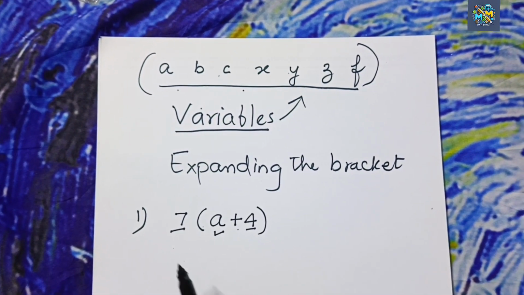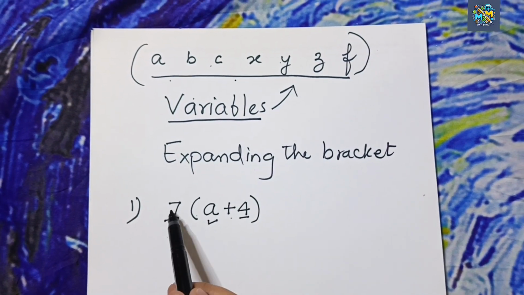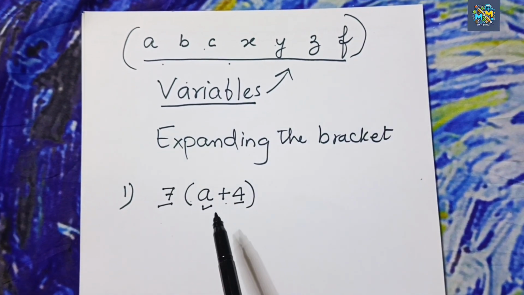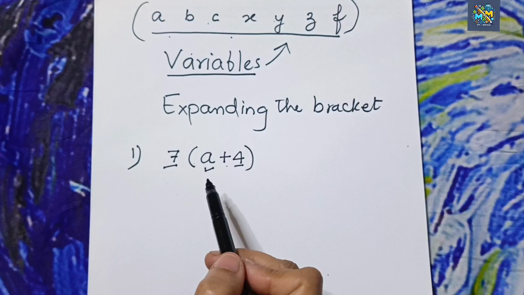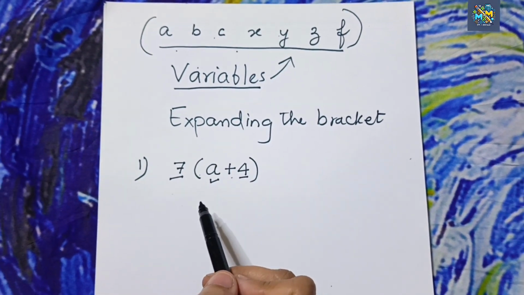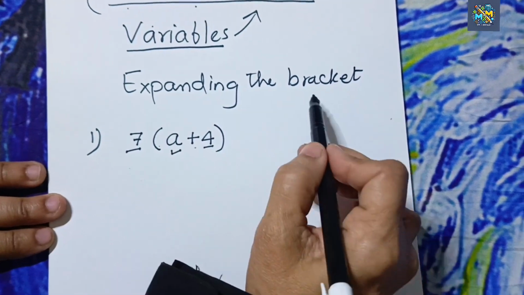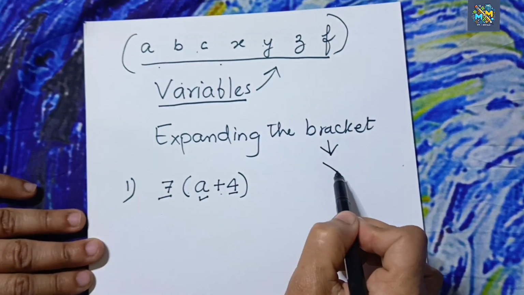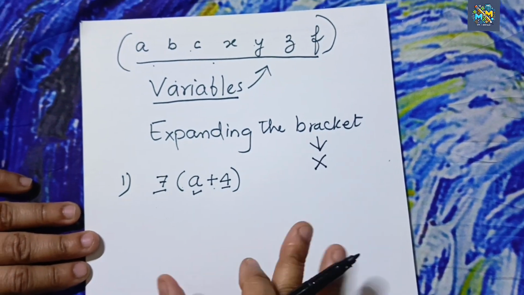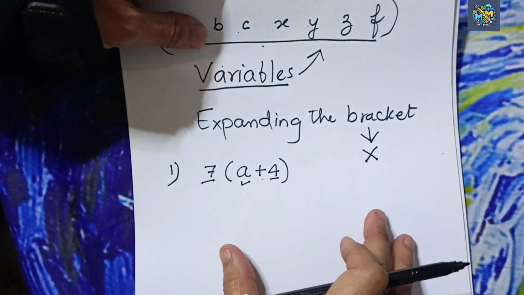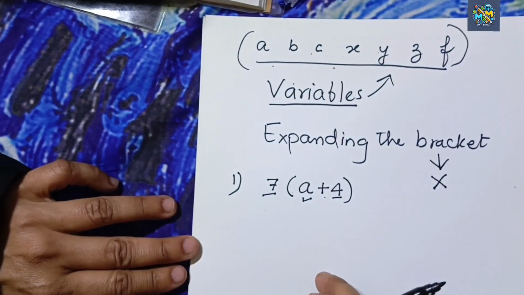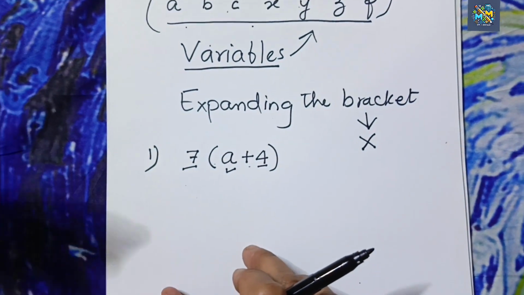And as I've said, variables will be used as numbers or whatever in the sums. So now what we have to do, and previously I've already shared, bracket means what? Bracket means multiply. So now I'm going to teach you two ways. One will be very direct and the other will be simple.